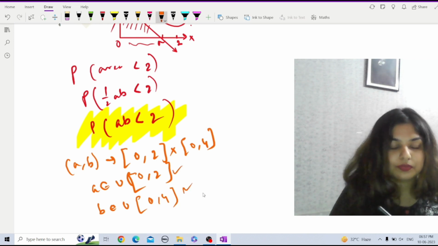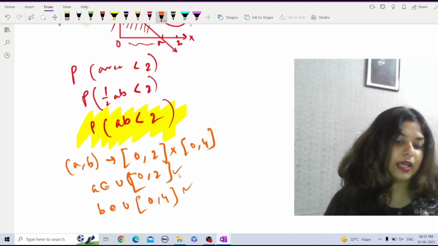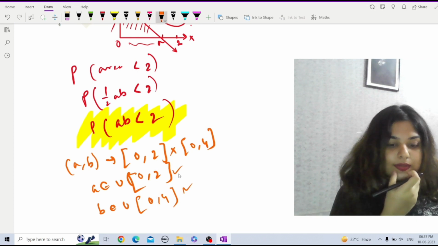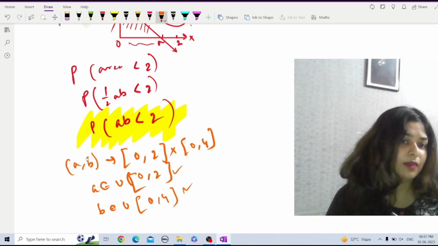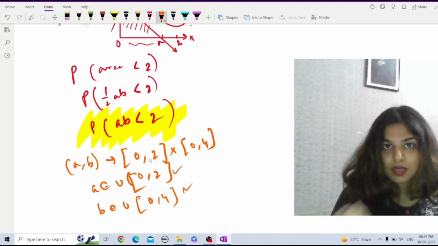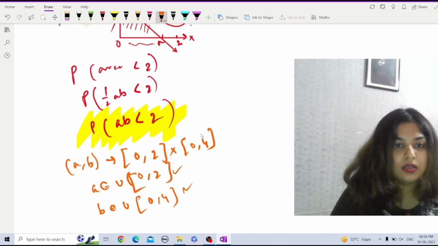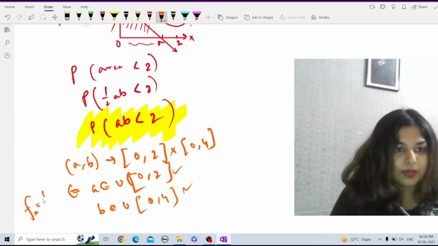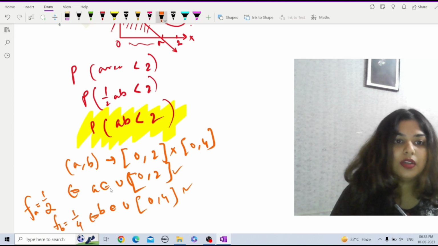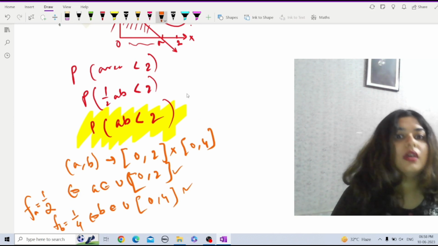In order to find the area bounded by this, we can use integration. So first of all, we have f of A equals 1 by 2, and f of B is 1 by 4, from the formula of uniform distribution.